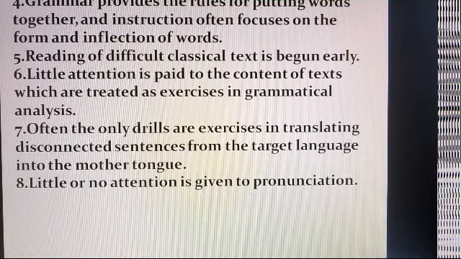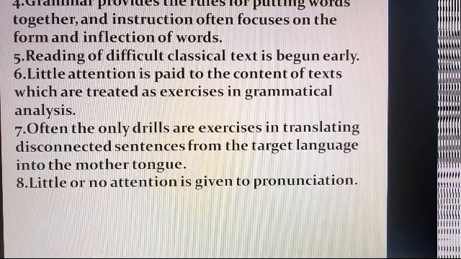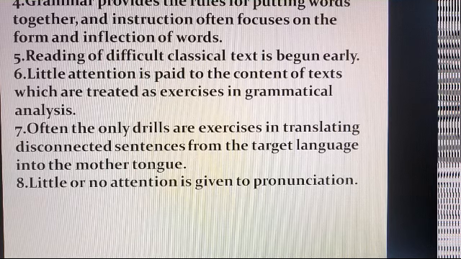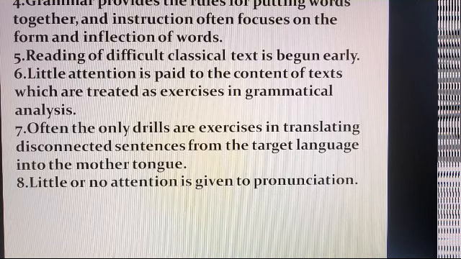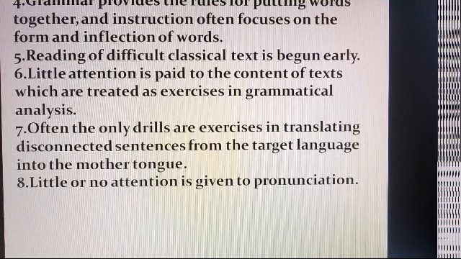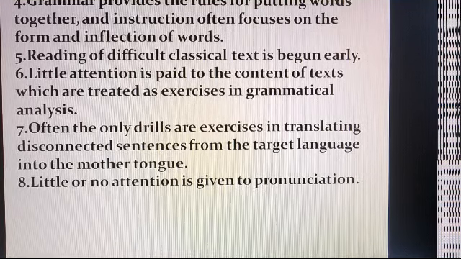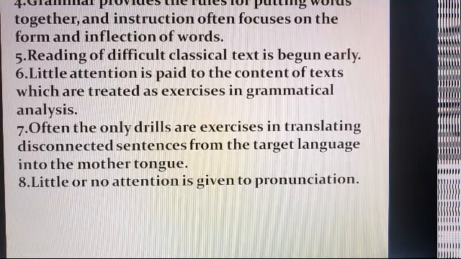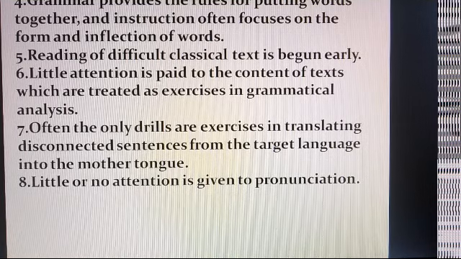And number 8, little or no attention is given to pronunciation. So in the grammar translation method, pronunciation is not a factor. Here, in case of pronunciation, there is no mistake. These are the characteristics of the grammar translation method.